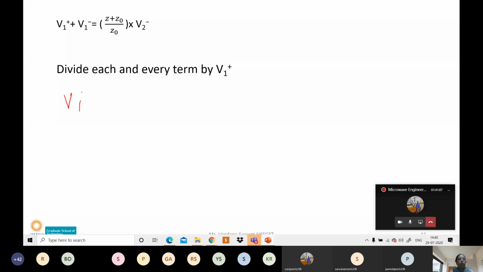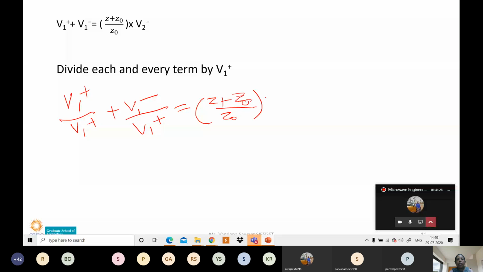First will be V1 plus divided by V1 plus, plus V1 minus divided by V1 plus, is equal to Z plus Z0 divided by Z0 into V2 minus divided by V1 plus. Right? This is my equation.